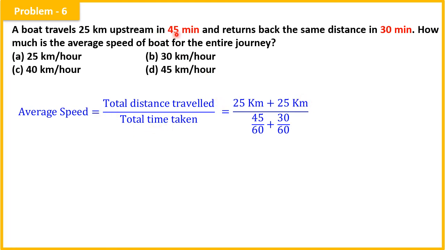While going, if he takes 45 minutes, 45 minutes I divide by 60 to convert it to hours, and while returning, if he takes 30 minutes, which I will divide by again 60 to convert it to hours. So this is the total time taken. Solving this particular expression, we get the average speed as 40 kilometer per hour. Option C is the right answer.